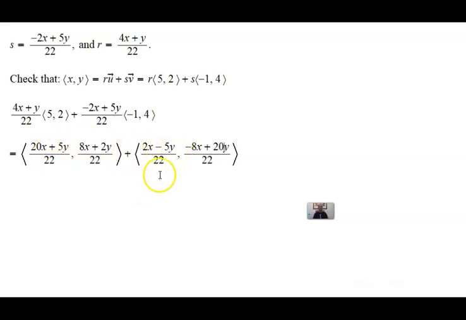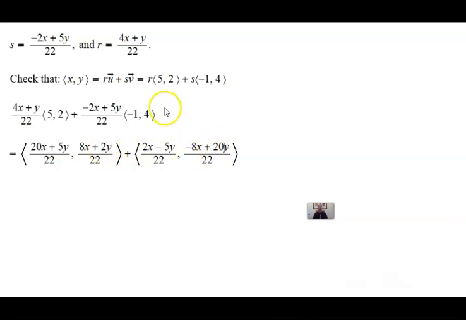So let's put these two vectors together. In the x component, we get 20x plus 2x, so that's 22x, and 5y minus 5y, so those cancel. So we get 22x over 22, that's just x. Similarly, in the second component, we get 8x minus 8x, so those cancel, and we get 2y plus 20y, that's 22y.